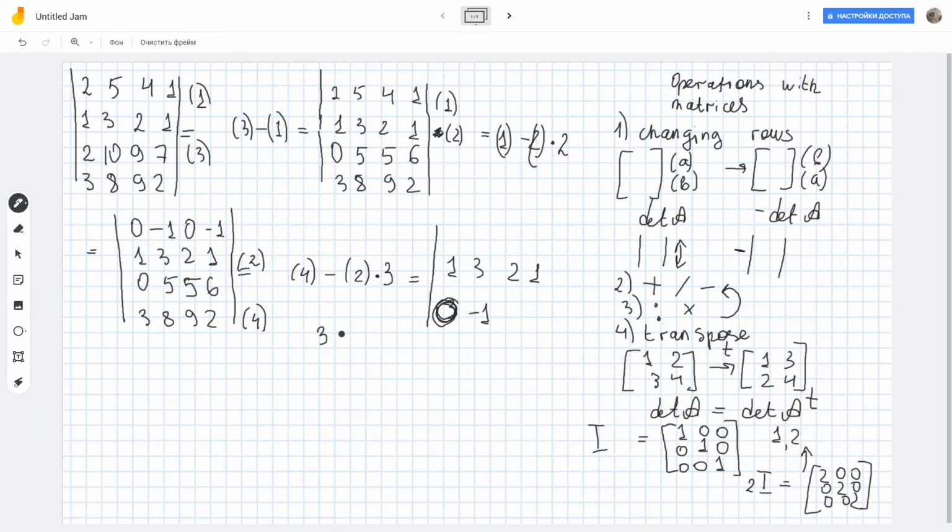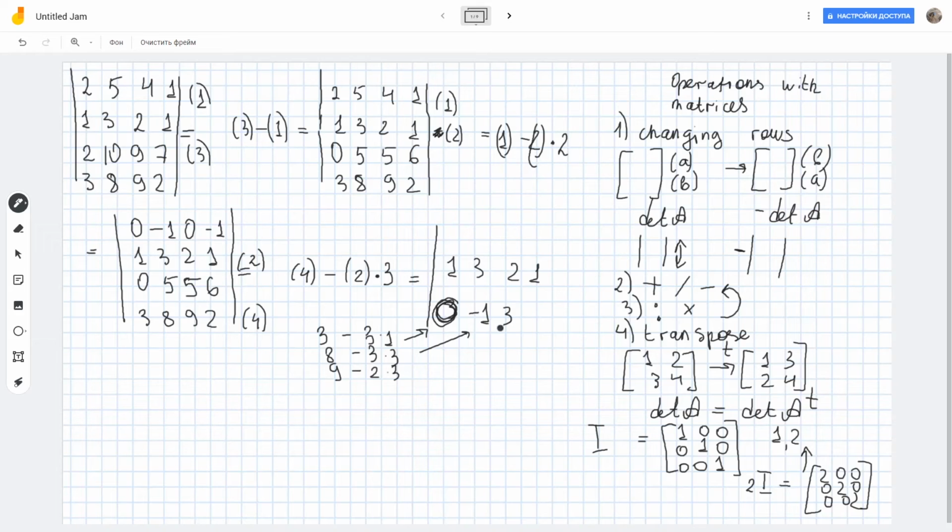So, we have 3 minus 3 multiplied by 1. It will be 0. Then we have 8 minus 3 multiplied by 3. It will be minus 1. Then we have 9 minus 2 multiplied by 3.